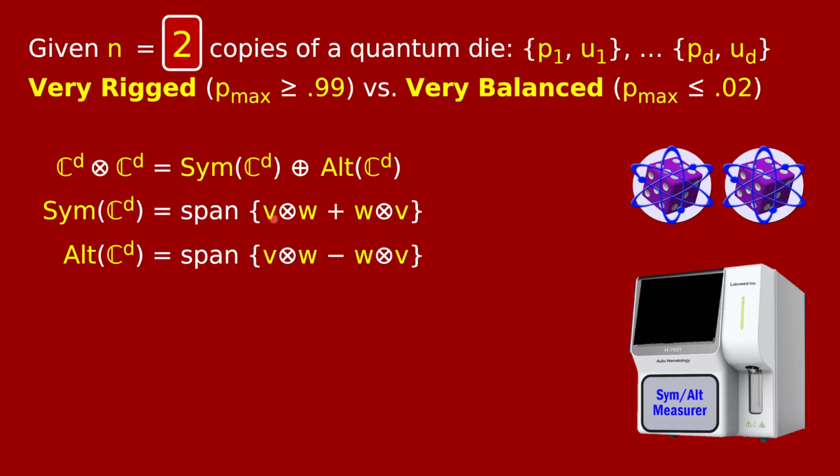So the span of things that look like v tensor w plus w tensor v. And the orthogonal complement to that, the so-called alternating subspace, is the span of all those vectors in C^d tensor C^d that look like v tensor w minus w tensor v. Again, this is maybe a little bit fancy, but actually this is exactly the same as the fact that every d by d matrix can be written as a symmetric matrix plus a skew-symmetric matrix. Okay, so that's really all that's going on here.